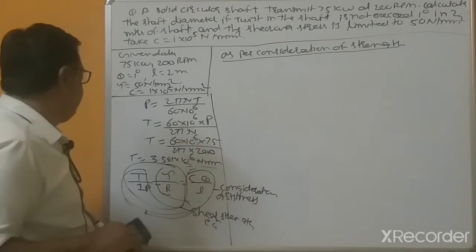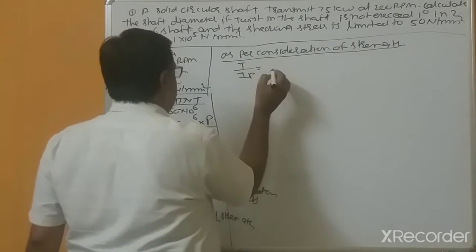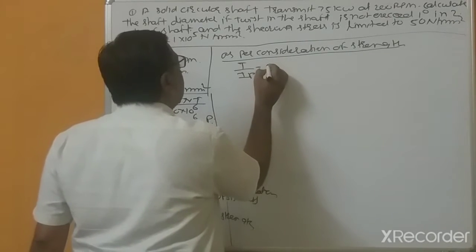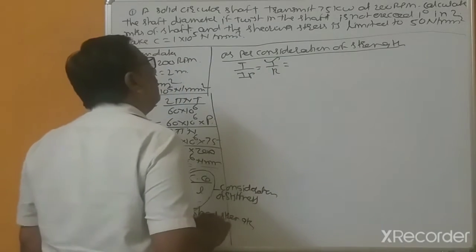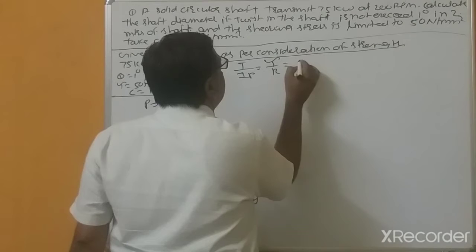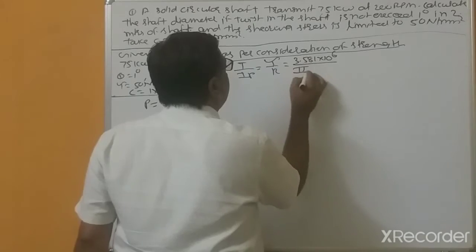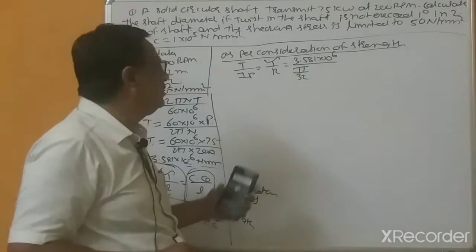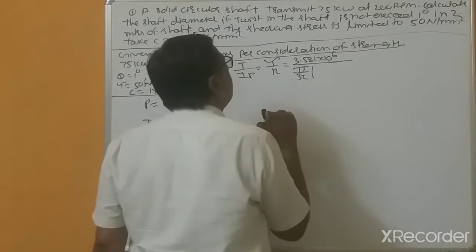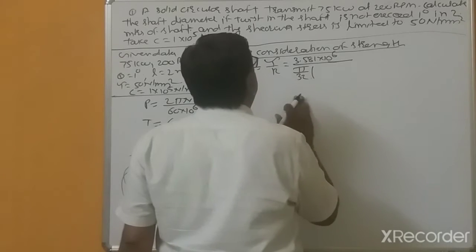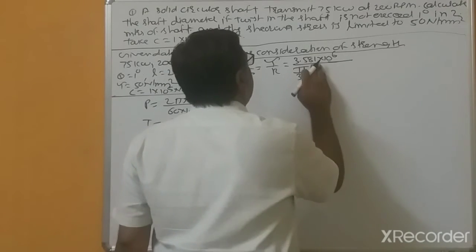So by using the first relation, T divided by polar moment of inertia equals tau divided by R. So T equal to 3.581 into 10 to the power 6 divided by pi by 32 d to the power 4. Polar moment of inertia for a solid shaft is pi by 32 d to the power 4, and diameter is to be calculated.